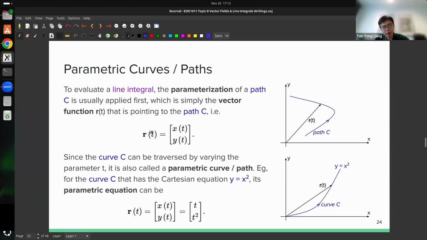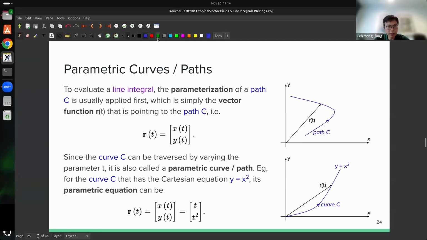Now, I say that, right, this path is described by this parameterized vector function r of t. So you see the r of t. Okay, so what happens is that, right, r of t will always point to the path. Okay, it's always pointing to the curve C or the path C. Now, what happens is that this x of t, right, is the x component of the vector.